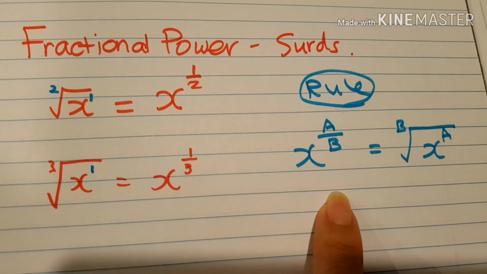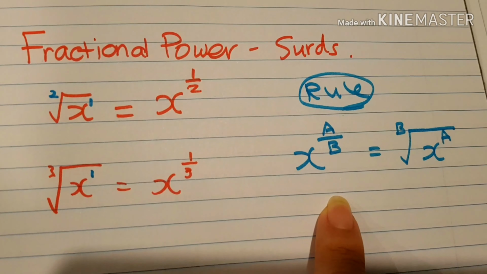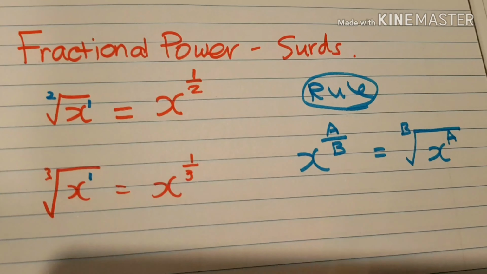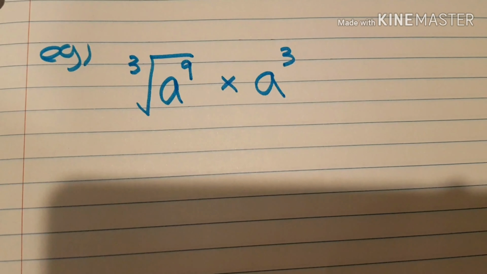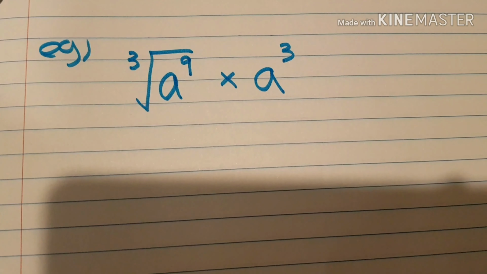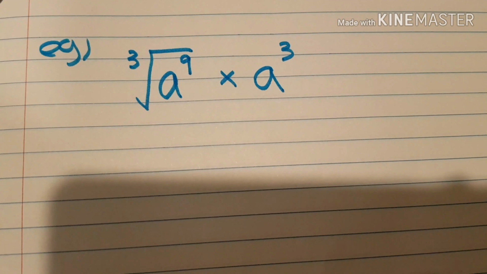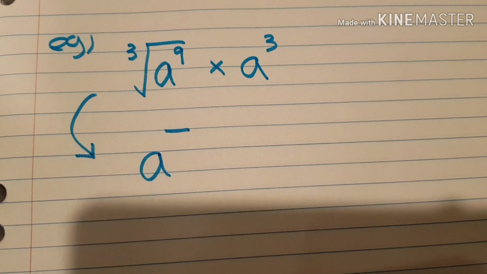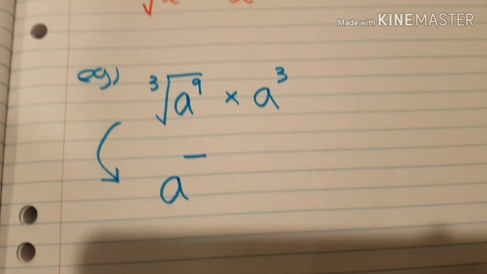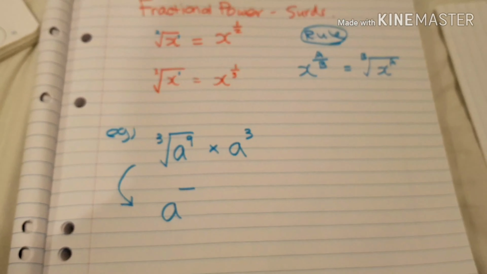So have a relook at this rule and try to memorize it. Then in this case, what are you going to do? I have to change the first term. What has to go at the bottom? Look at the rule.